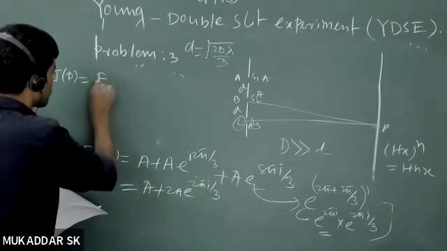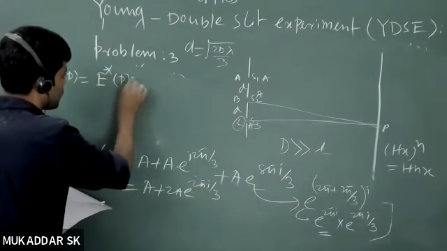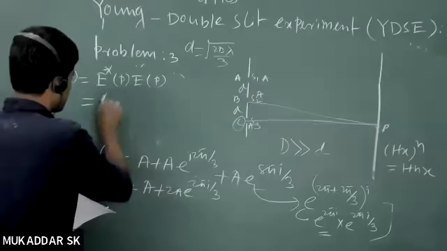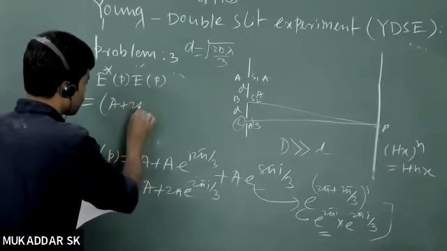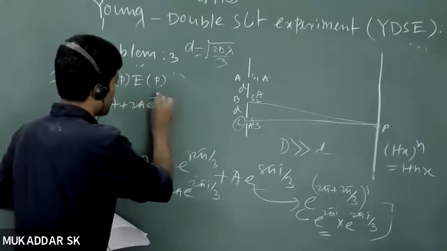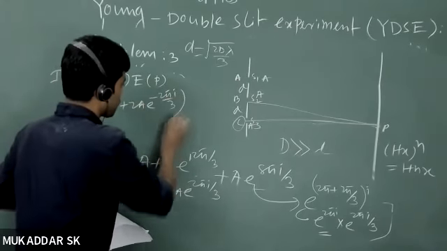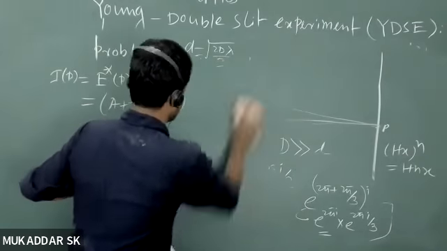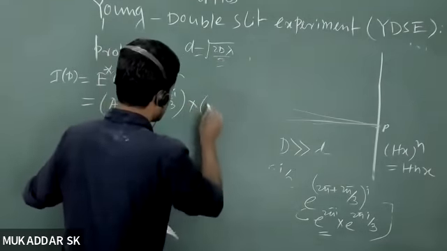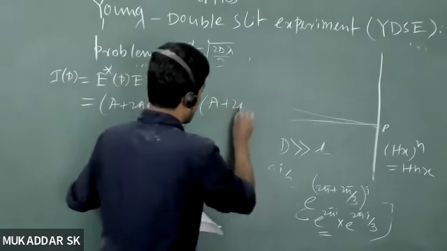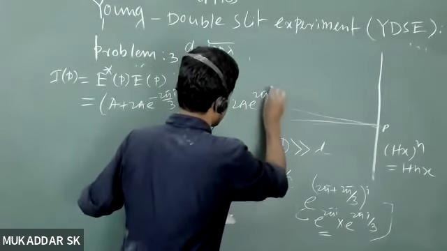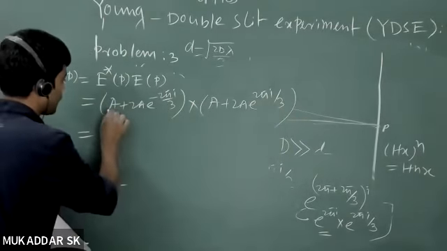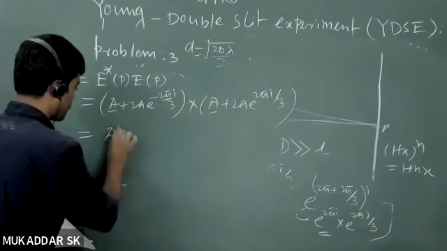That will be E star at point P into E at point P. If you substitute it, you have a plus 2a exponential minus 2 pi i by 3, and the second term is a plus 2a exponential 2 pi i by 3. When you multiply a with a, you will get a square.